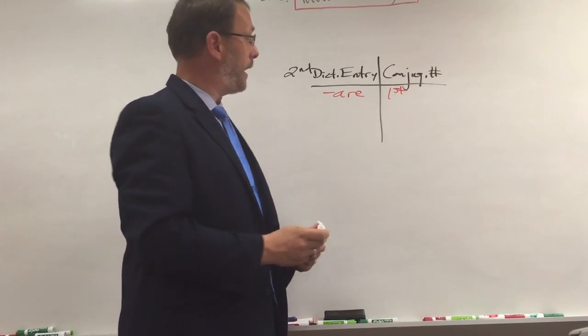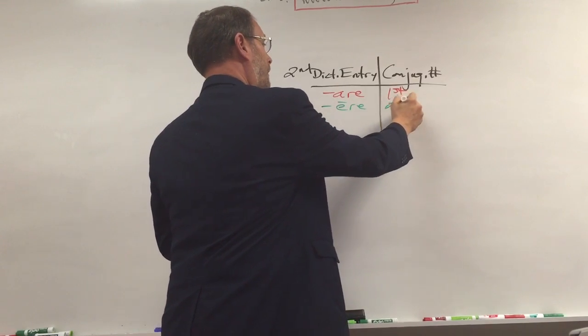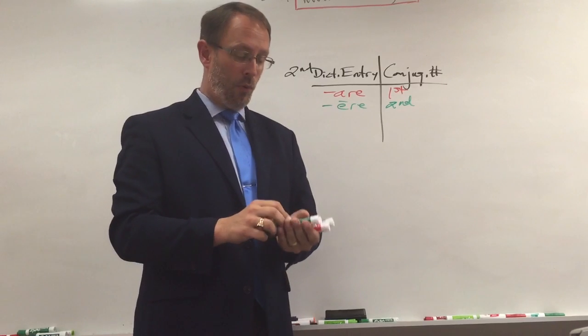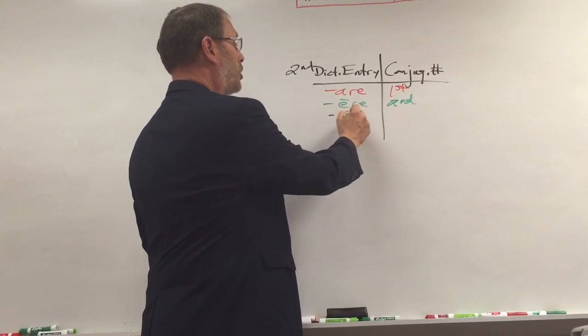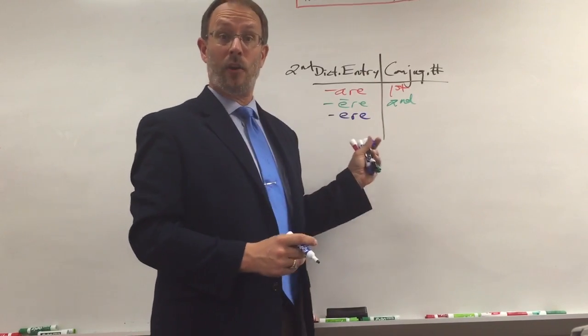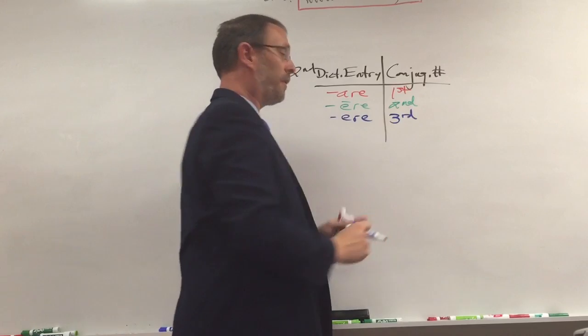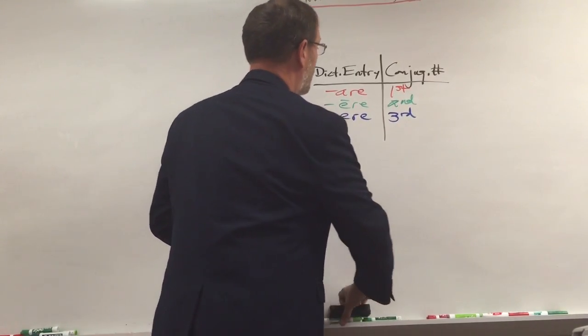If the second dictionary entry ends in long ERE, that's a second conjugation verb. And the reason that long E is important is because verbs where the second part ends with a short ERE, or ERE without a long mark, those are third conjugation verbs. And that's what we want to talk about today, is third conjugation.